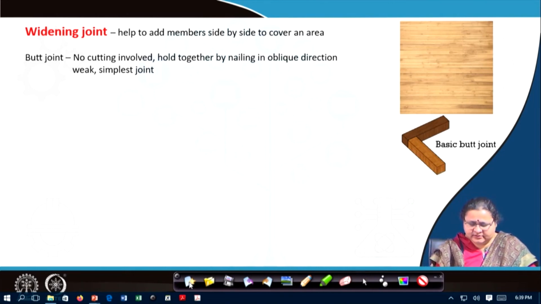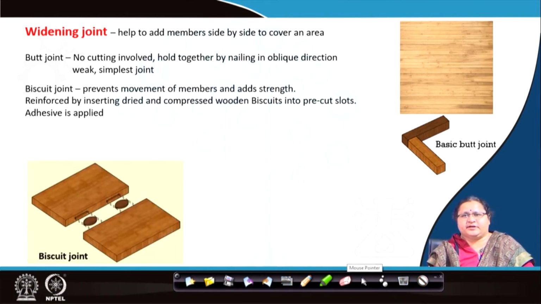Let us see another kind of butt joint, which is called biscuit joint. What has happened? Two members are placed side by side, but in each of them grooves are made and are connected by a supporting wooden piece, which holds the two pieces together in position.